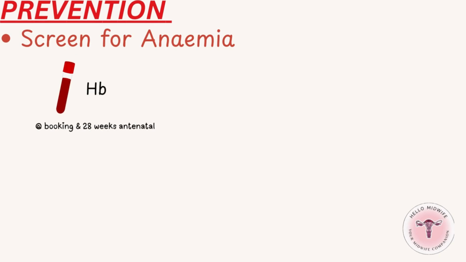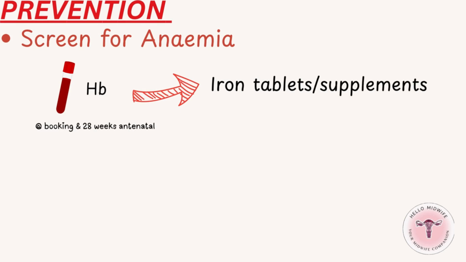So, how do we prevent postpartum hemorrhage? First, we check for anemia early in pregnancy, at booking and again around 28 weeks. If a woman's hemoglobin is low, iron tablets or supplements can help boost her levels. Then, we go ahead to the labor.